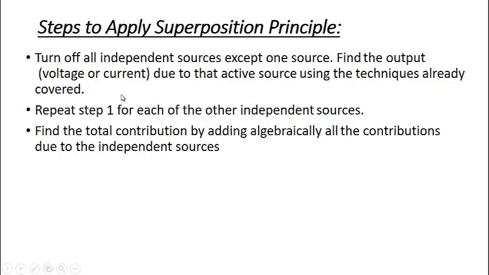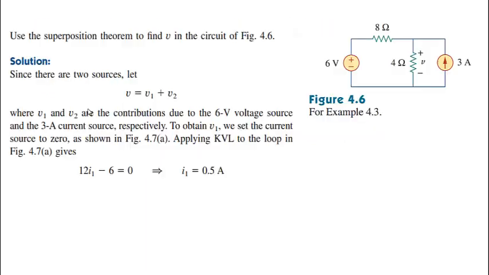Second, repeat step 1 for each of the other independent sources. So we'll do the same thing for the other sources. Third, find the total contribution by adding algebraically all the individual contributions due to the independent sources.